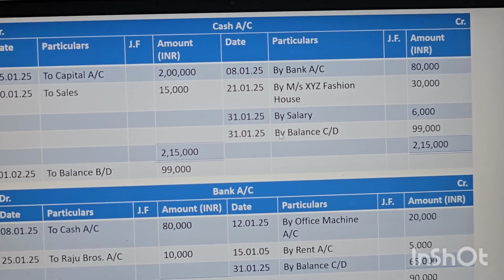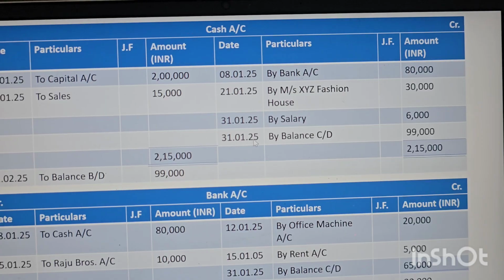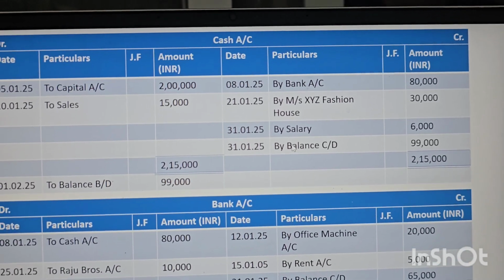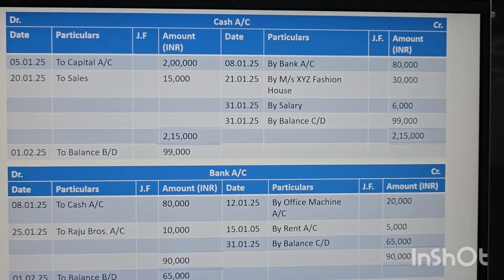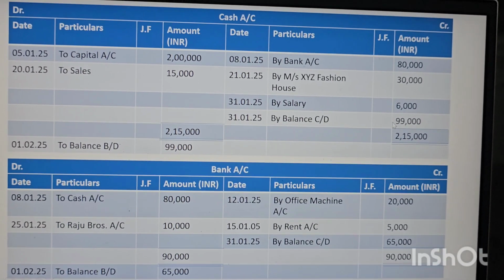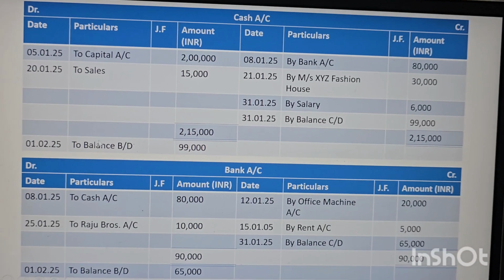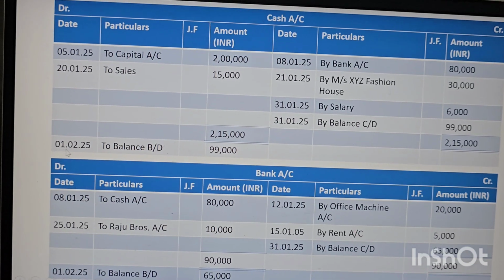So on 31st of January 2025, on the cash account the balancing number that came is 99,000. On 1st of February this 99,000 should be transferred as the balance BD, and the date is 1st of February.